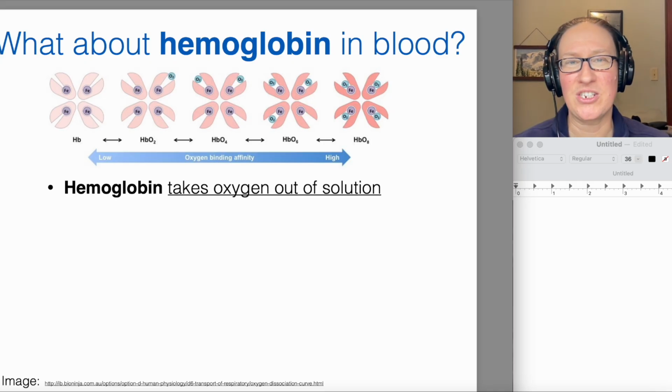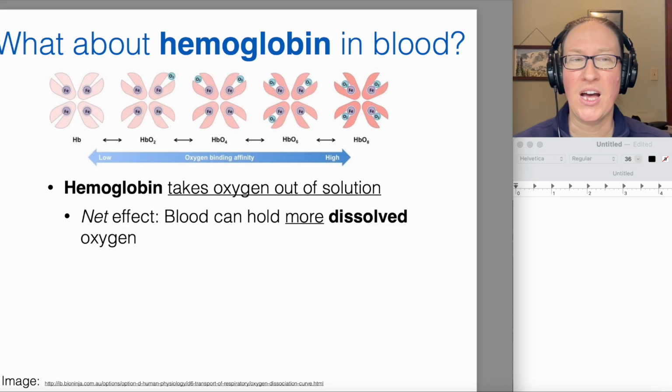Hemoglobin takes oxygen out of solution. And so oxygen that is not in solution, not in aqueous form, does not count towards the partial pressure of oxygen in that solution.